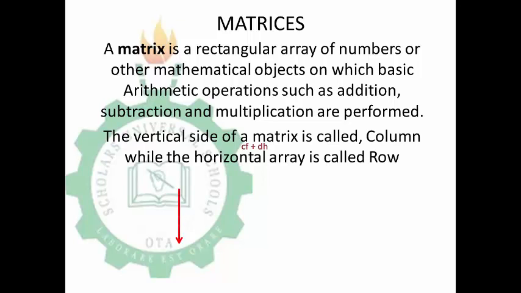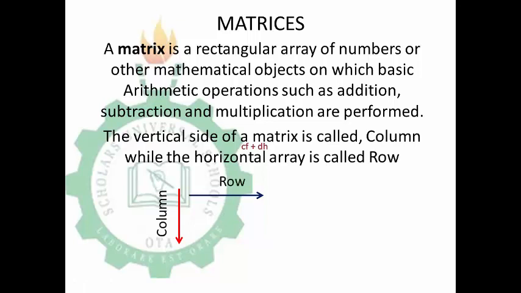So let us look at the way matrices are arranged. Usually a matrix will have two areas. We have what we call the column, which shows the vertical arrangement of numbers. Then you have the horizontal arrangement of numbers, which is simply known as the row.